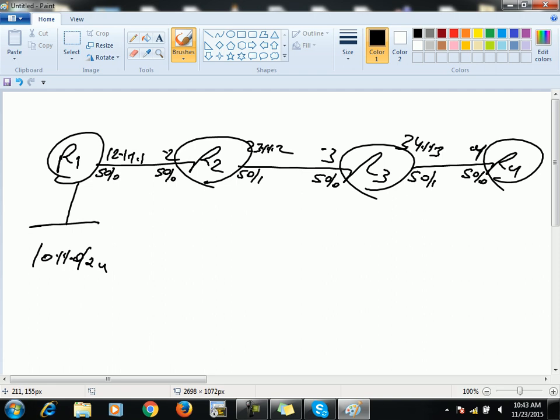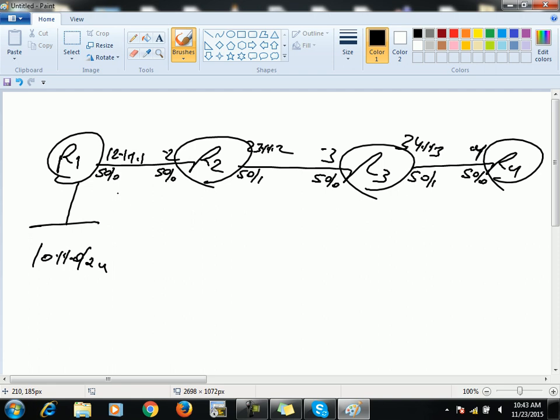Now, one more thing, these labels are not a different thing actually. These are simply decimal numbers. Labels are simply decimal numbers, and I think these are 32 bits long, not 32, 20 bits.